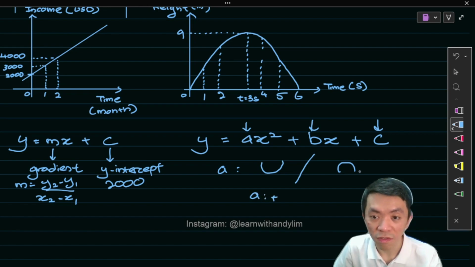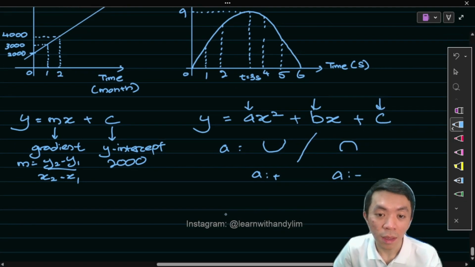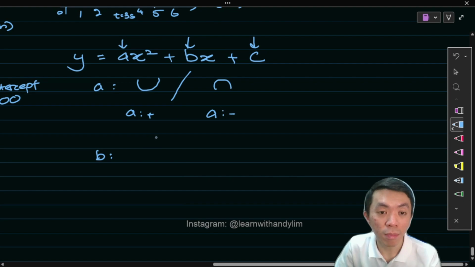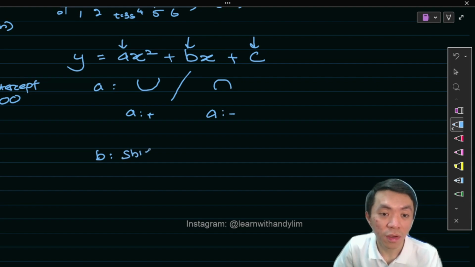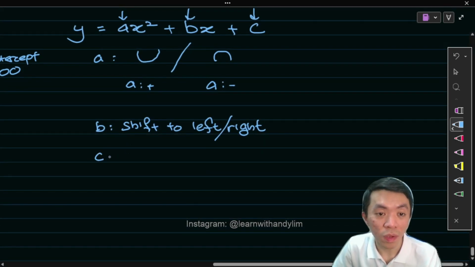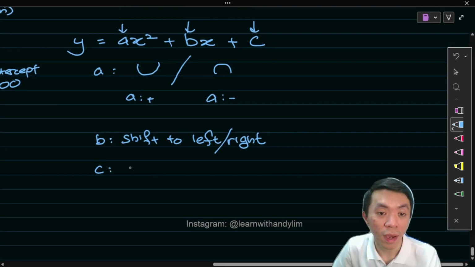When it is concave down, which is the case right here, my a is negative. b is used to represent my shift towards the left or towards the right. Last but not least, we have my c, which is my y-intercept.